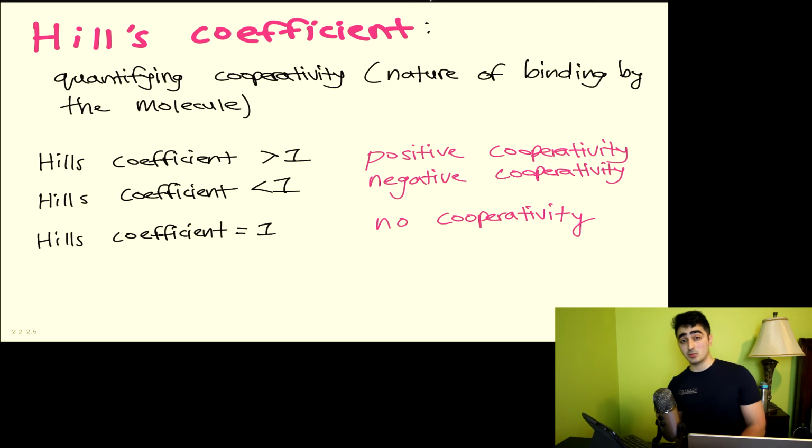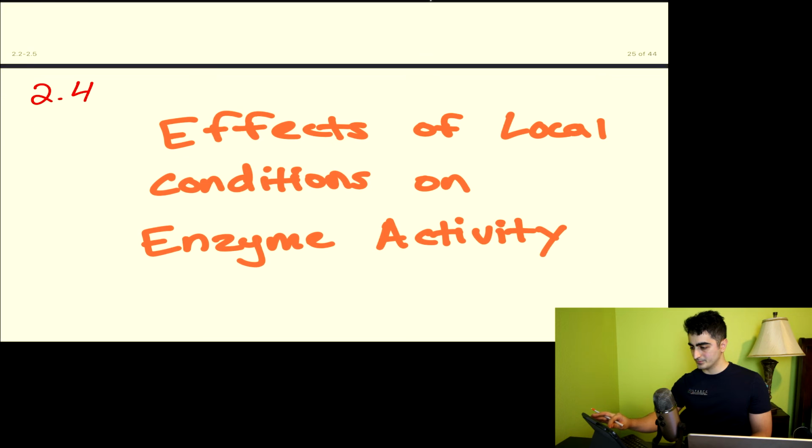Or is it negatively cooperative, where if one substrate binds, it actually decreases the affinity of all the other substrates for the substrate. So if you have a Hill's coefficient greater than 1, you have positive cooperativity. If you have a Hill's coefficient less than 1, you have negative cooperativity. And if you have a Hill's coefficient equal to 1, we have no cooperativity. So that enzyme would not show cooperativity.